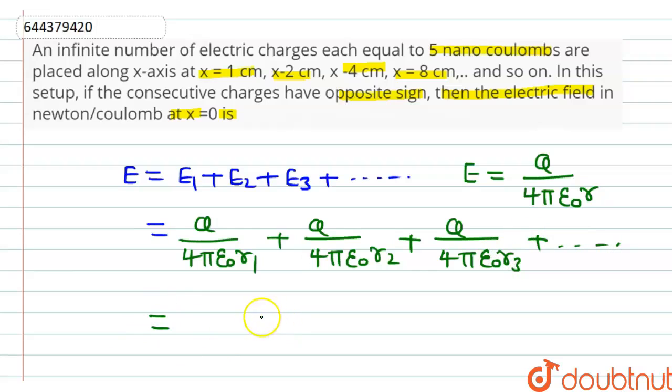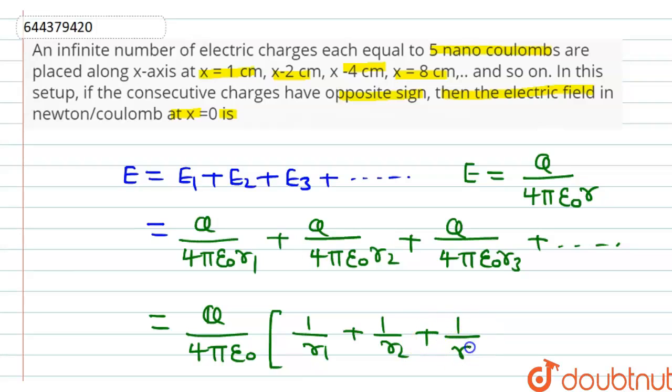So here Q divided by 4 pi epsilon naught can be taken as common. So in bracket it will be 1 upon R1 plus 1 upon R2 plus 1 upon R3 plus, and so on.